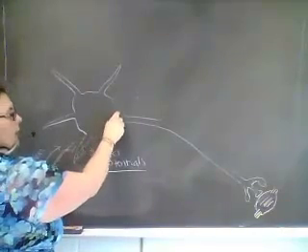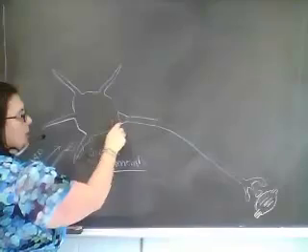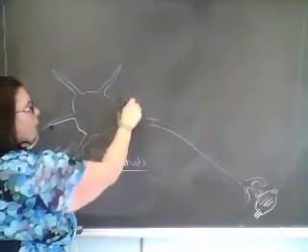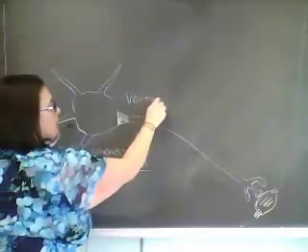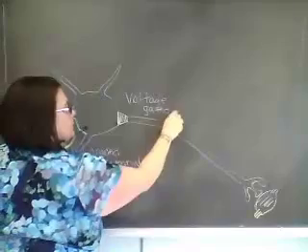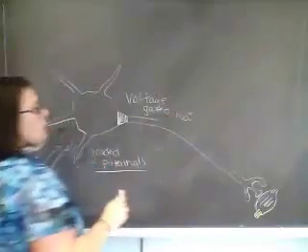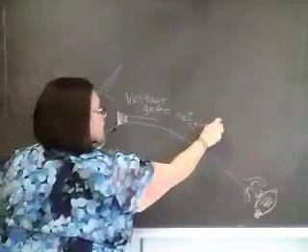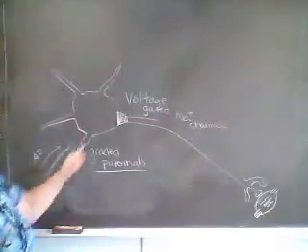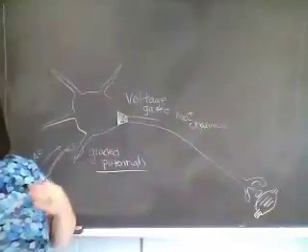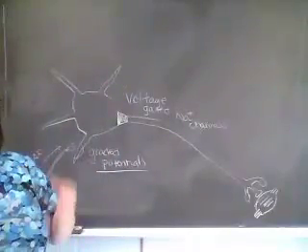What's required, if we focus on this area right here called the axon hillock, this axon hillock is rich with voltage-gated sodium channels. And these voltage-gated sodium channels are where we will see the beginning of action potential occurring. These voltage-gated channels open with a certain change in membrane potential.